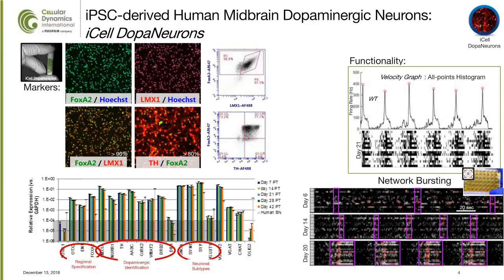This can be captured in a functional assay to look at a velocity graph, which is an all-points histogram of the action potentials across all the electrodes, and we can see that there are hypersynchronous bursting behaviors that usually max out at about 400, 500 hertz in their hypersynchronous moment.